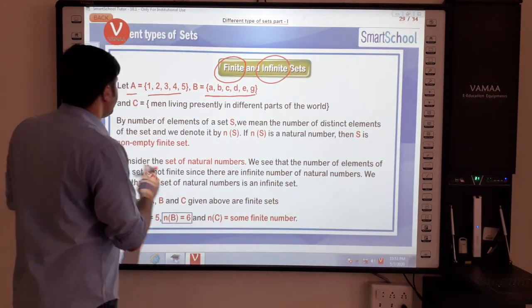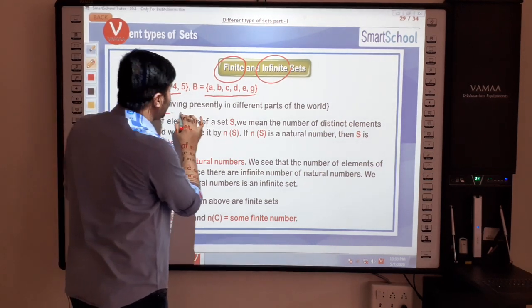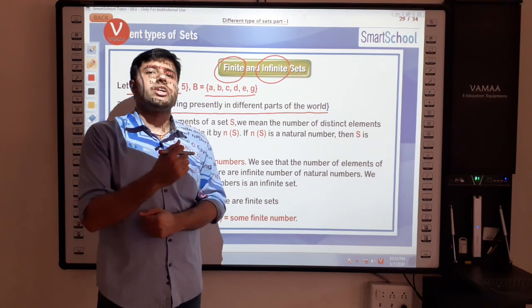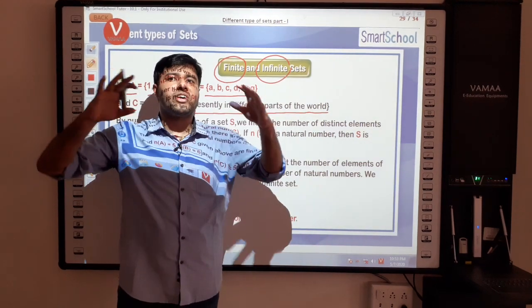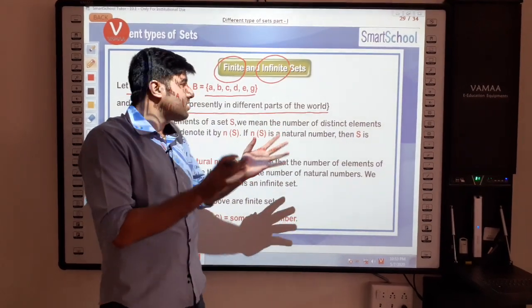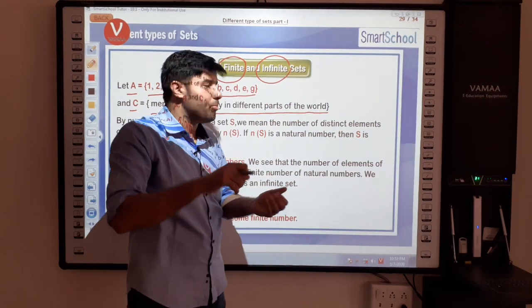If we move on to the next one, that is set C. Set C says men living presently in different parts of the world. Obviously, it will also be countable. We can count it. Obviously, it will be a very huge number, but we can count the number of people who are presently living in the different parts of the world.